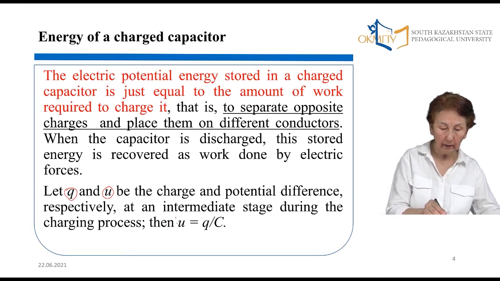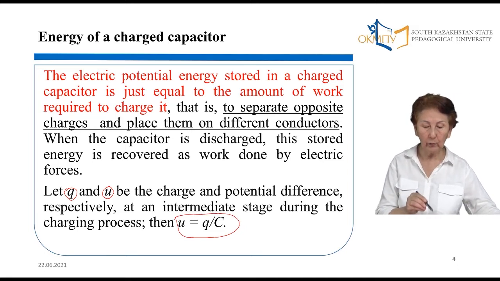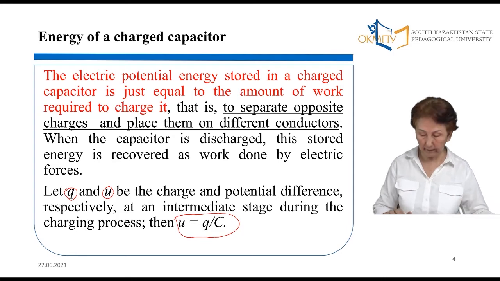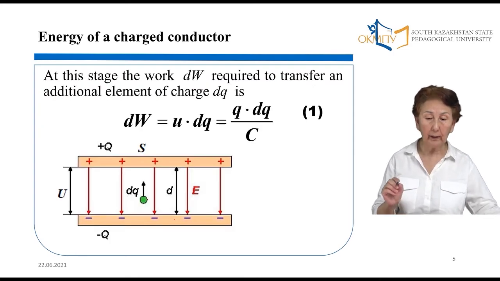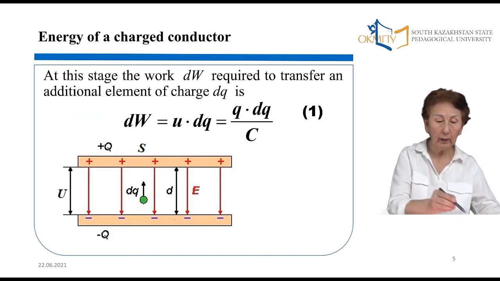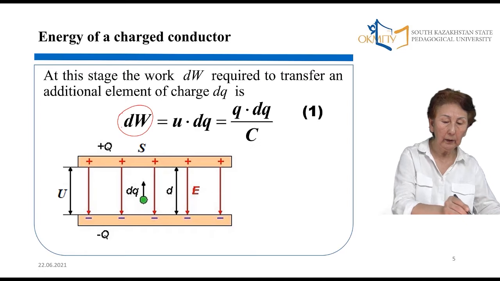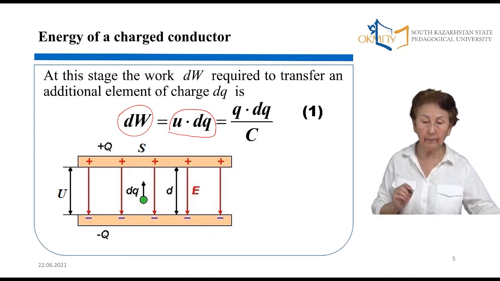Then the voltage will be equal to the ratio of the charge to the capacitance of the capacitor. So the work needed to transfer an additional element of charge, dQ, will be equal to the product of the voltage and this element of charge being transferred.